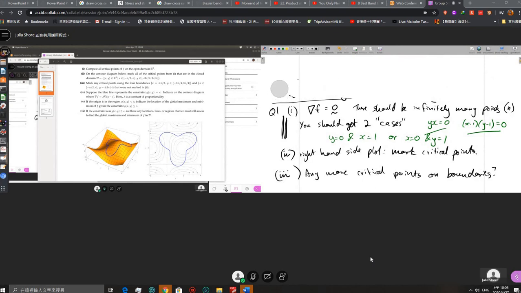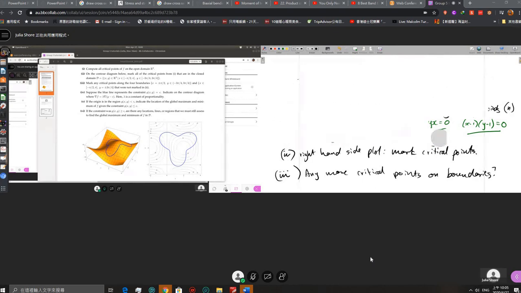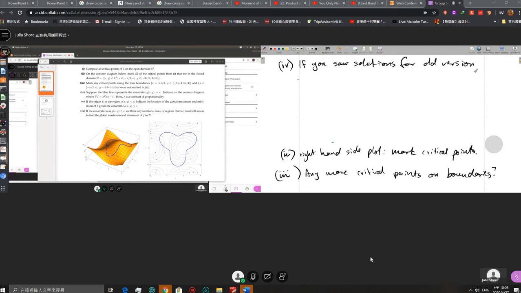Now we can get rid of question 1. Part 4. If anyone has looked at Michael Bryson's solutions for the old version of the assignment, you will find something incredibly confusing written at part 4.